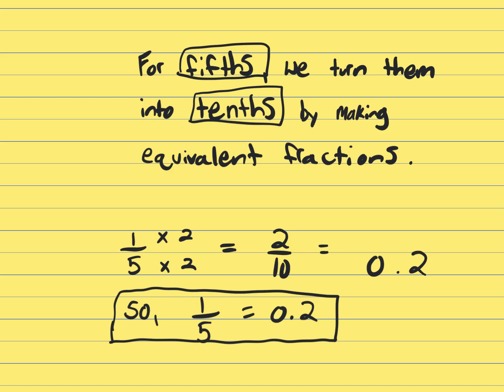I do not have a fifths place. I do have a tenths place. So if I multiply them both by 2, as you see here, it changes it to an equivalent fraction of 2/10. Remember, it's really easy to write 2/10 as a decimal, 0.2. So that also means 1/5 is 0.2 because they're equivalent fractions.